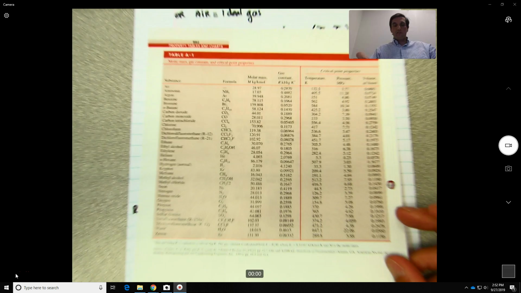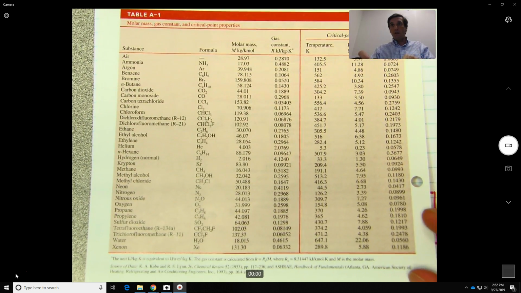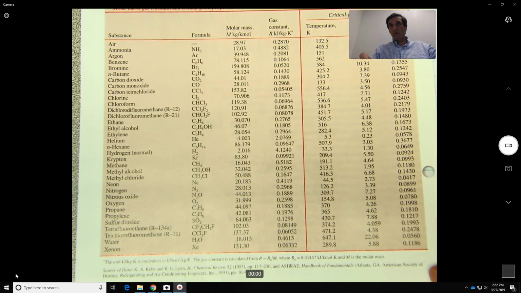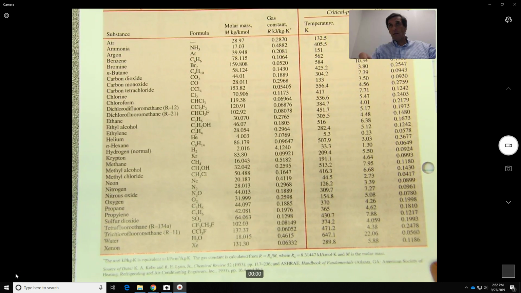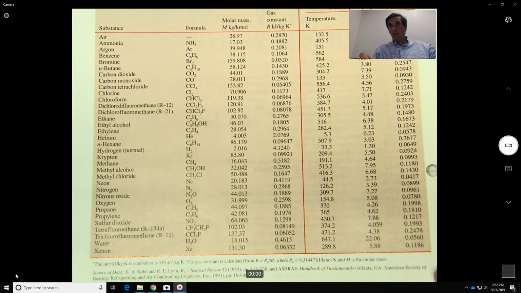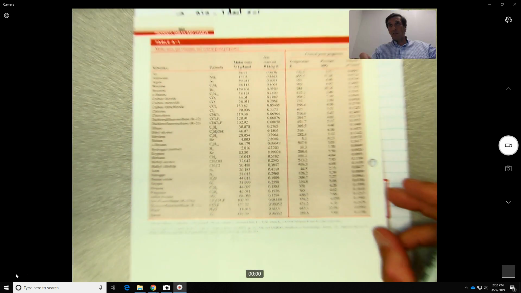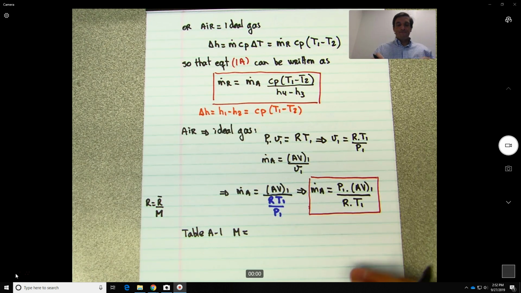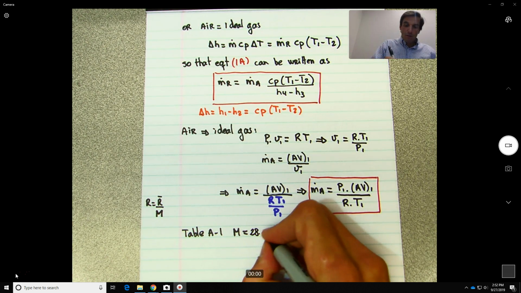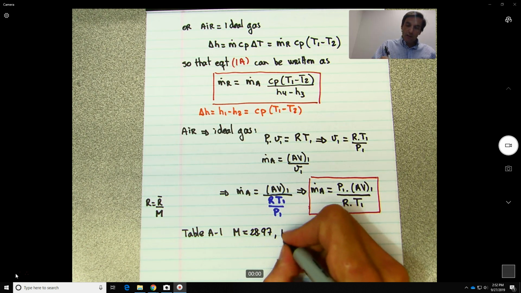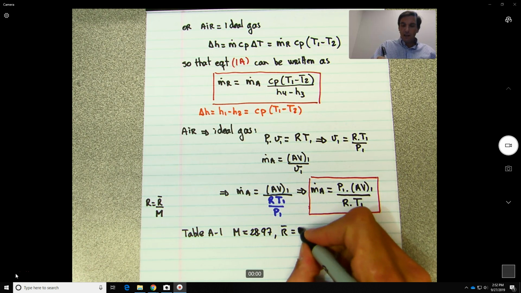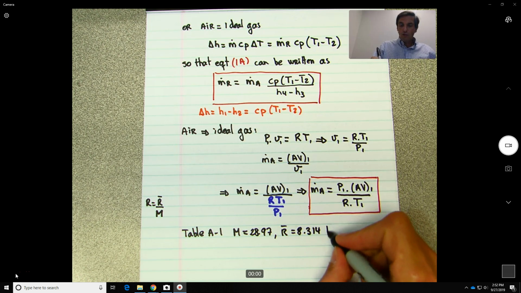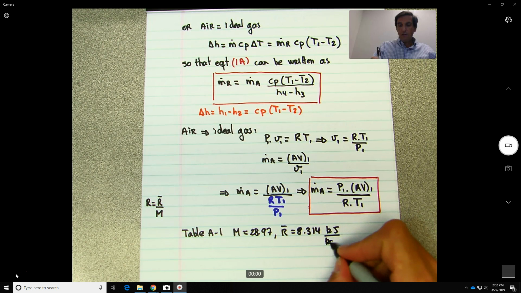And the value for the R constant, 8.314, is even given at the bottom of the table, or it should be on the unit page. So it's 28.97, and the universal gas constant is 8.314 kilojoules divided by kilogram Kelvin.